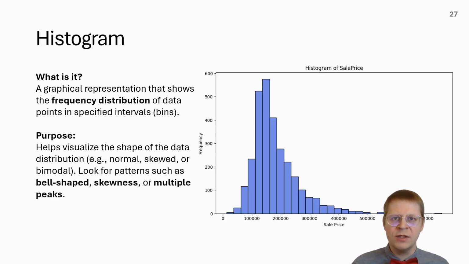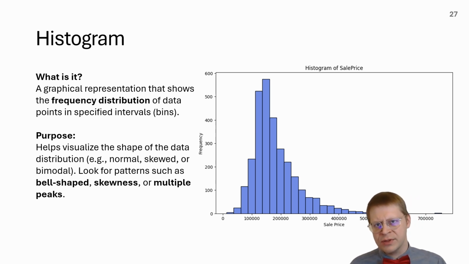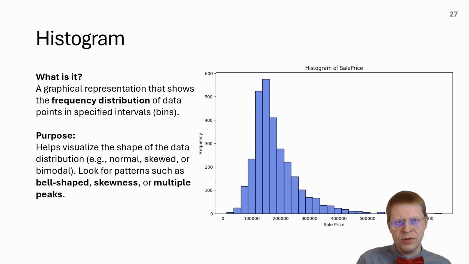Histogram is one of the most straightforward visualizations available. It groups data points into bins and displays the frequency of observations in each bin. This simple yet powerful tool allows you to quickly assess whether your data is normally distributed, skewed, or even bimodal.